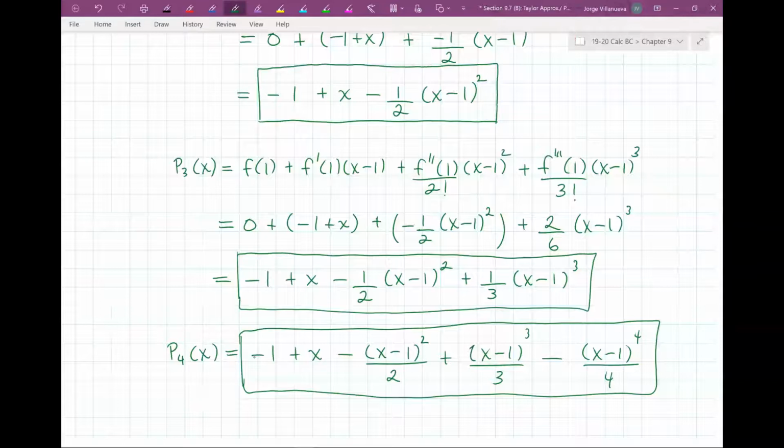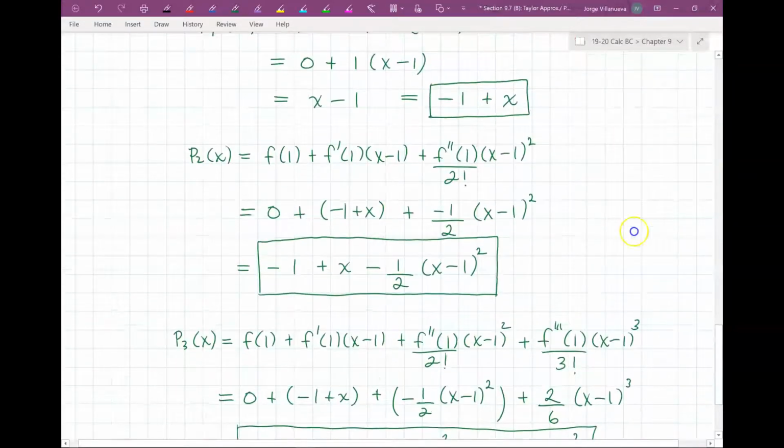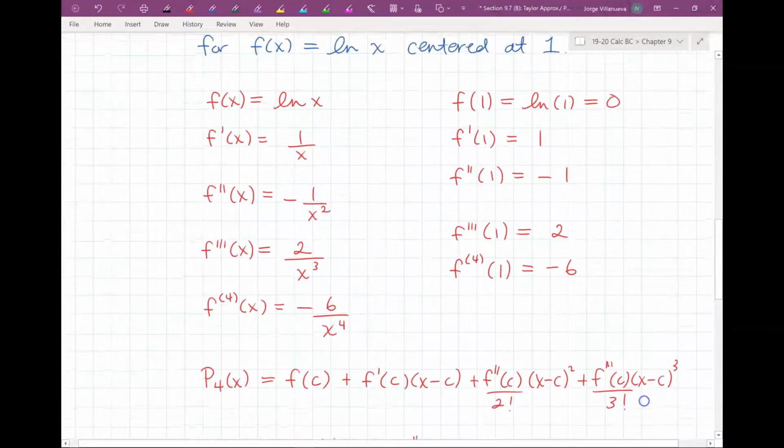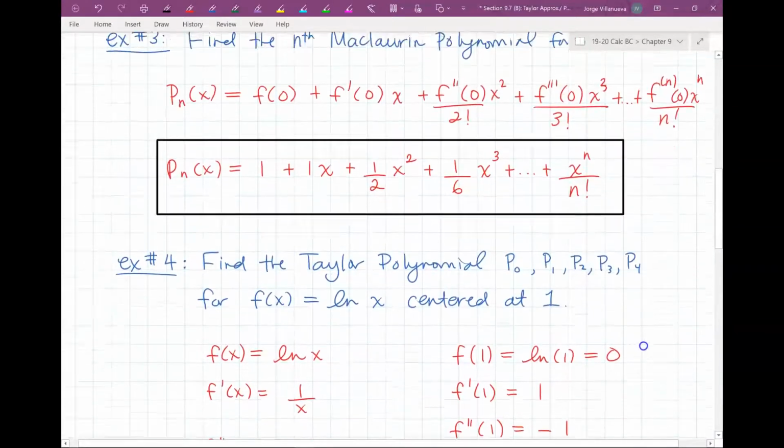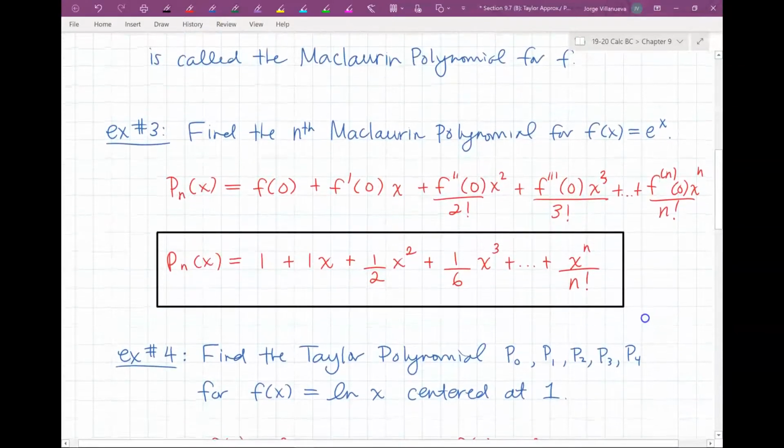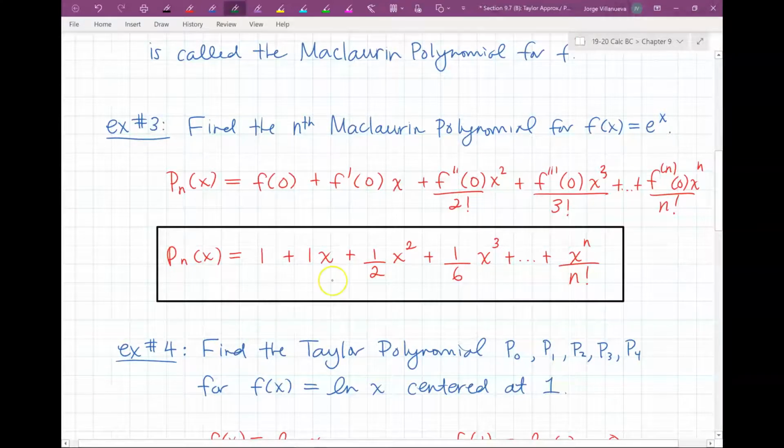Okay, so ln of x looks like this. E to the x, I think we did it earlier. Let me just check. E to the x is actually, it looks like it's more difficult, but if I can change it for you, it's like this.